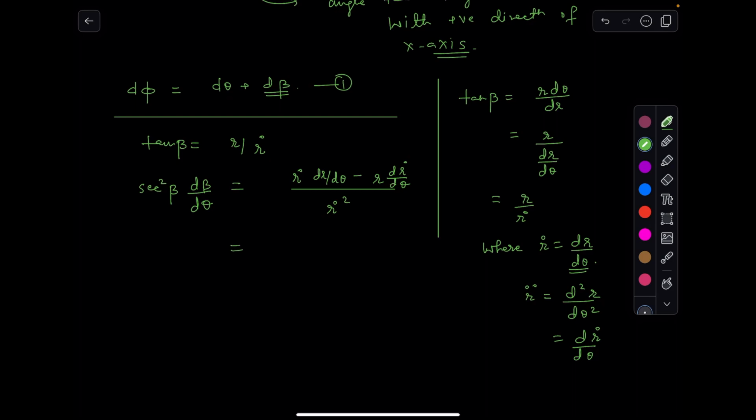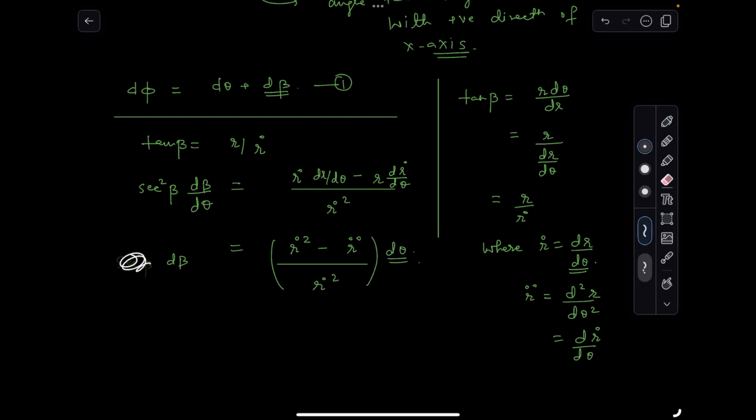So this thing will become r dot square minus r double dot divided by r dot square, and this can be written as sec square beta multiplied by d beta, and this as d theta. So we can also find d beta directly. So d beta is something like this.